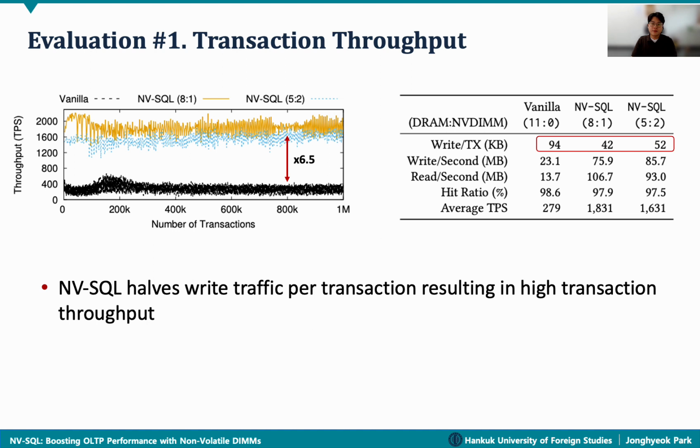And for the trade-off between more DRAM and more NVDIMM, the more-NVDIMM case outperforms vanilla, but it's not large enough to offset the reduced hit ratio by far. So we believe that finding the optimal NVDIMM size is important. In our paper, we mostly used the 8 GB DRAM and 1 GB NVDIMM combination.